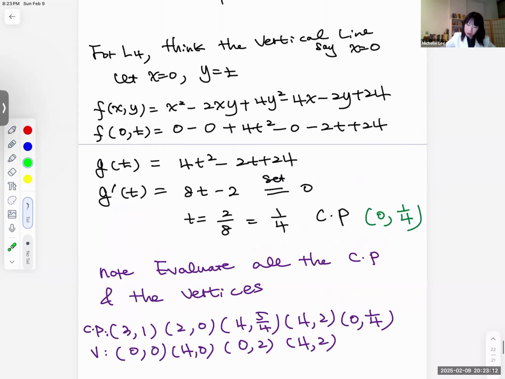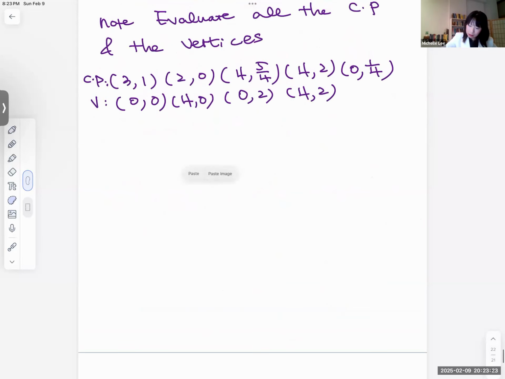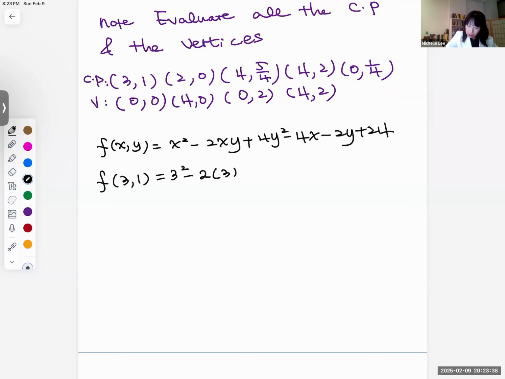We have the function, the original function. We need to evaluate it, and then we want to know which one is the highest and which one is the lowest. Okay, your turn. Please do it. 3, 1: 3 squared minus 2 times 3 times 1 plus 4 times 1 squared minus 4 times 3 minus 2 times 1 plus 24.